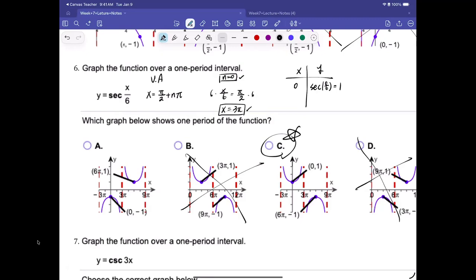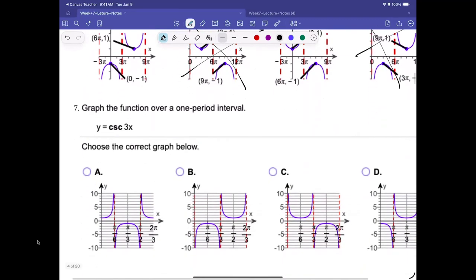And then the last one, cosecant. The vertical asymptote formula is x equal to n pi. So when n is 0, I'm going to start with 0. So 3x must be 0, so x is going to be 0. When n is 1, then 3x is pi, so x is pi over 3.